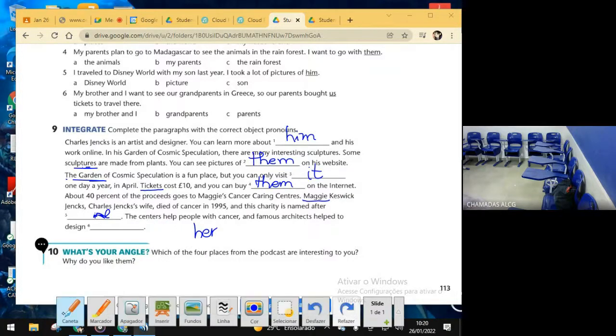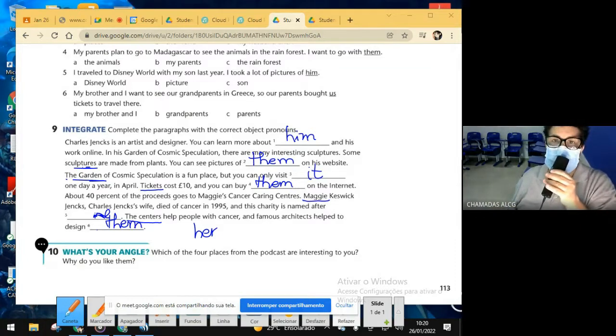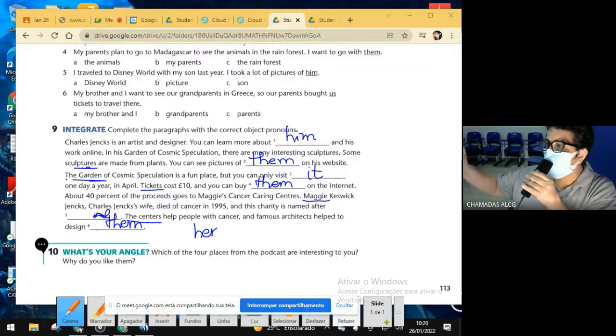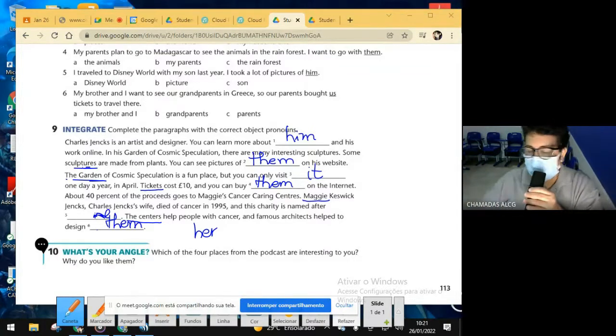We are talking about the centers, okay? So helped to design them. Okay, guys, because we are talking about the centers. So the first one, him. Number two, them. Number three, it. Number four, them. Number five, her. And number six, them. Okay.